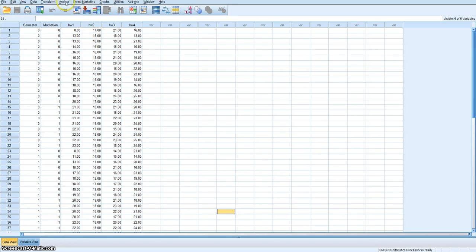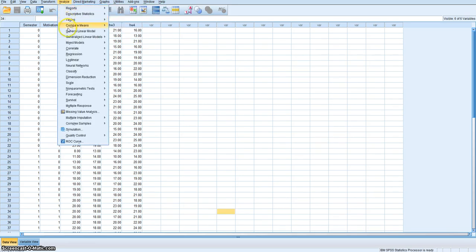To do that, we can go under Analyze, Compare Means, and that's what we're doing, right? So we are comparing the mean of homework 1 to the mean of homework 2. So under Compare Means, we're going to go under Paired-Samples T Test.